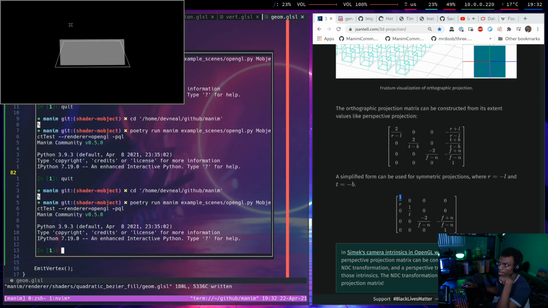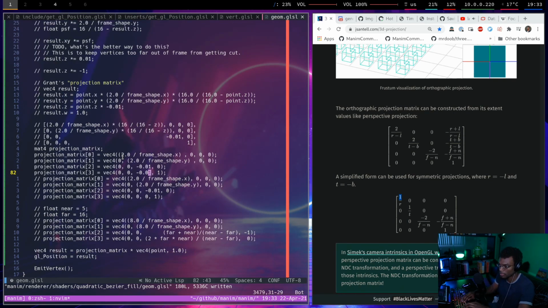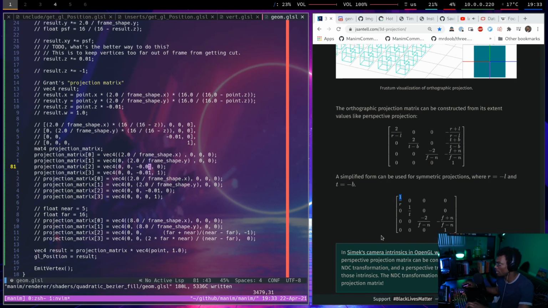Okay, and that still doesn't change anything, or nothing noticeable. So I think I need to solve a way for these two to be something near negative 0.01.